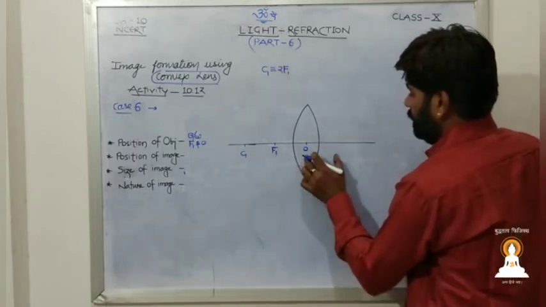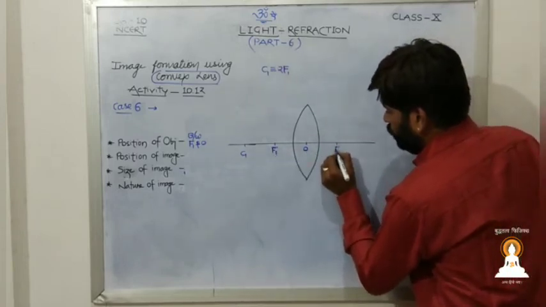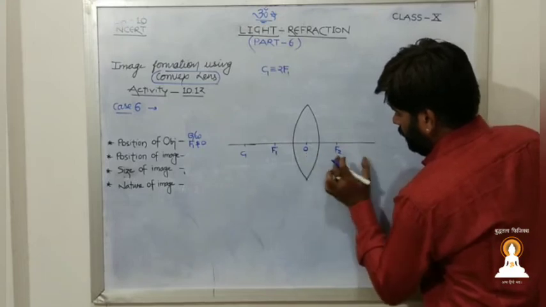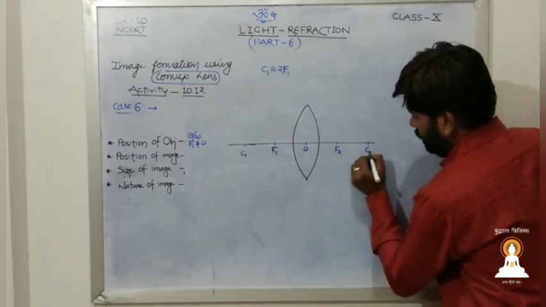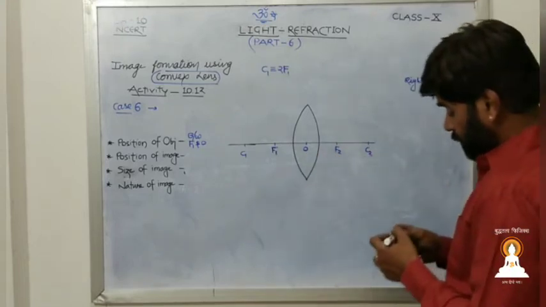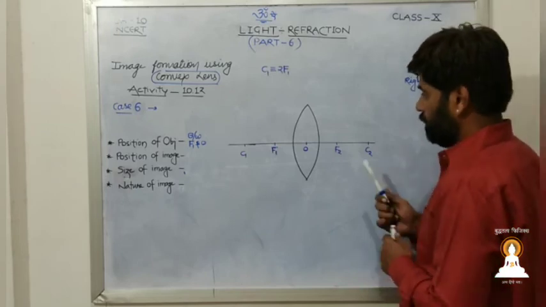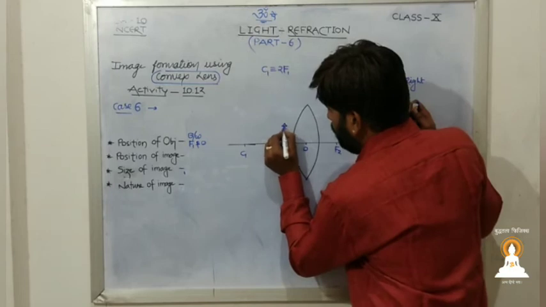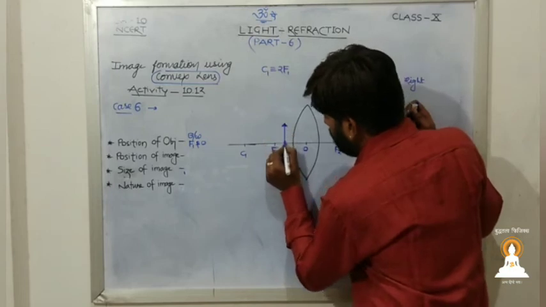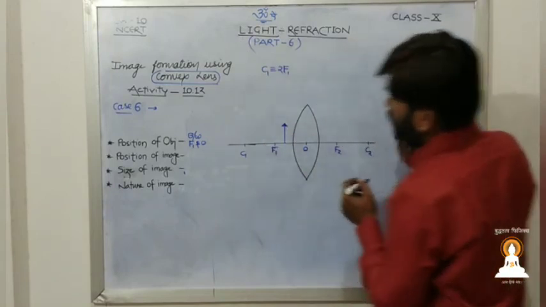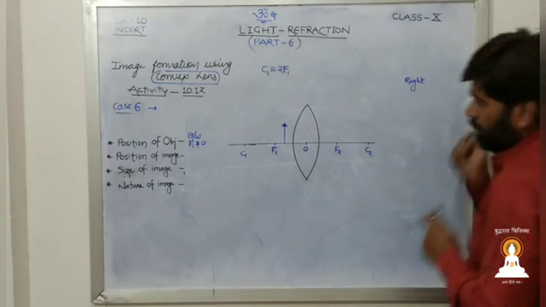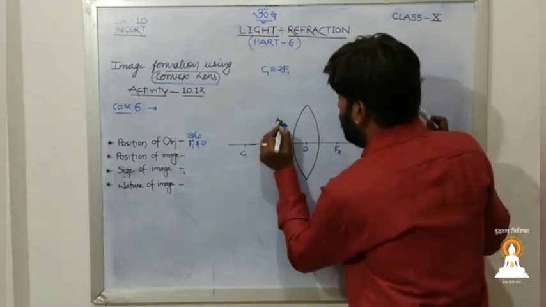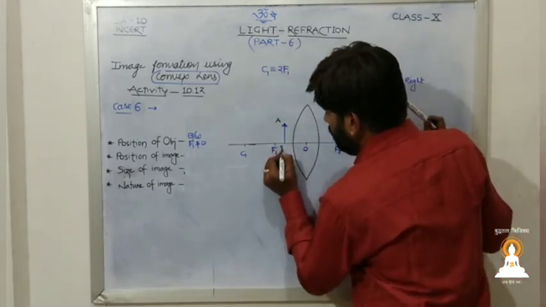Then equal distance f2 and equal distance c2. Remember, these distances should always be equal. Now let us put the object between o and f. So the position of the object is, say, this. The name is a and this is going to be b1.